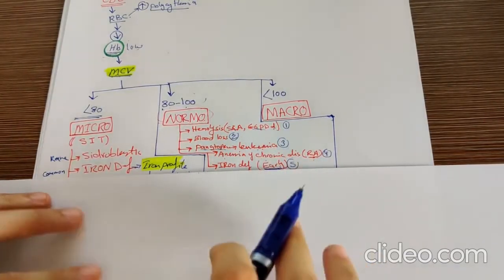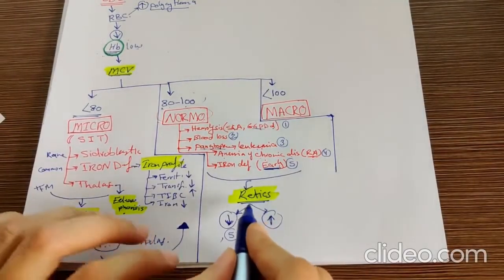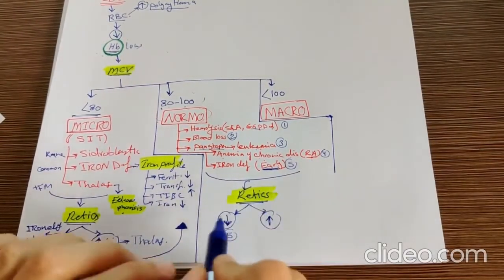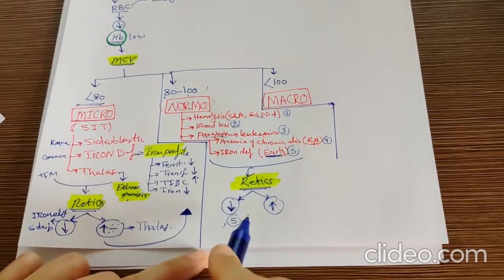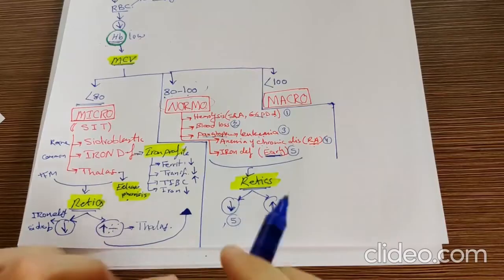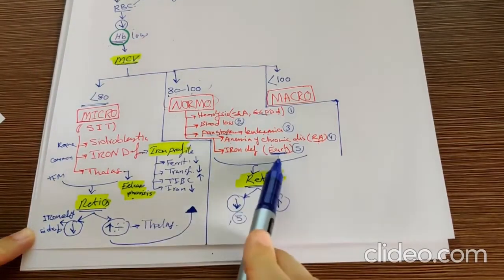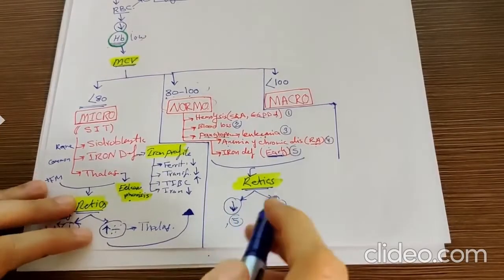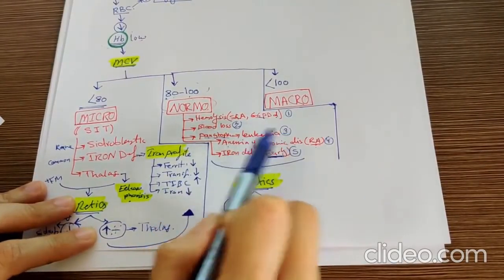What will we do? The same as microcytic, you will check the retics. If the retics is low, it means there is a low number of immature RBCs, the same as here. So number 5 is iron deficiency anemia. What else? Leukemia.